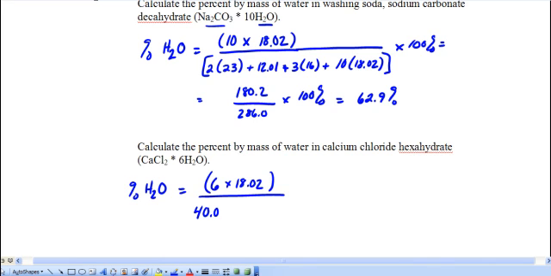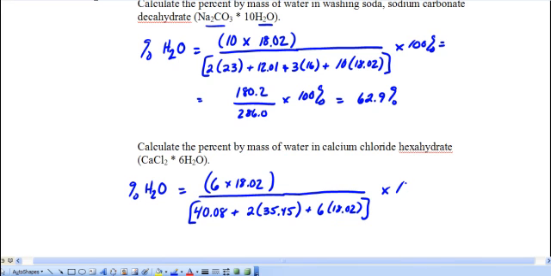Calcium is 40.08 grams per mole, plus you have 2 chlorines, which are 35.45 apiece, so we multiply that by 2. And then you also add in your water, 6 times 18.02. Put that entire denominator in brackets, times 100%.